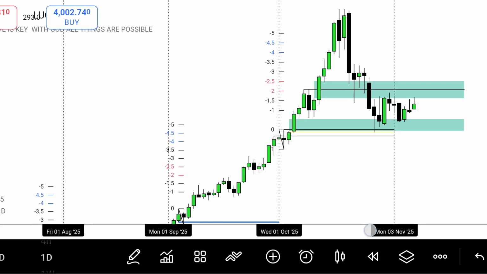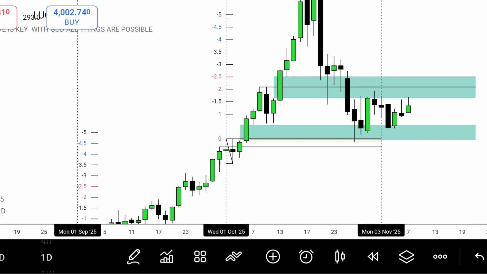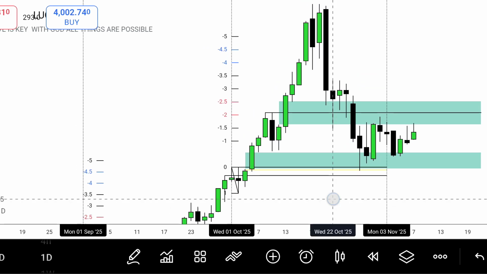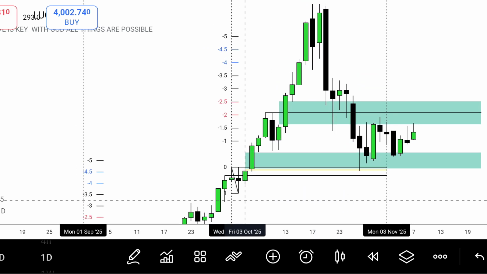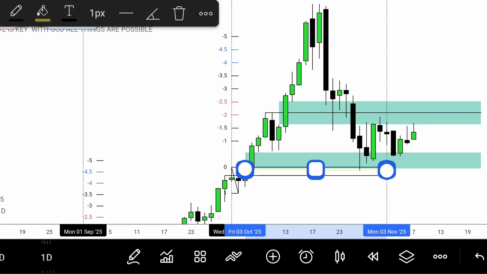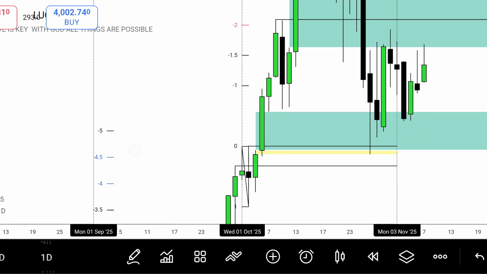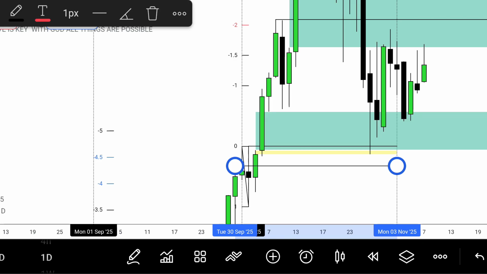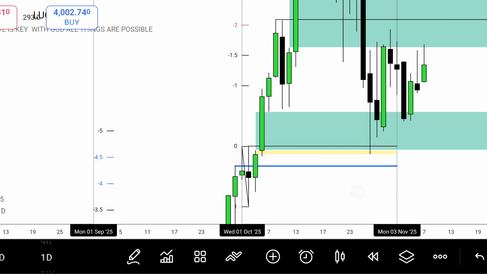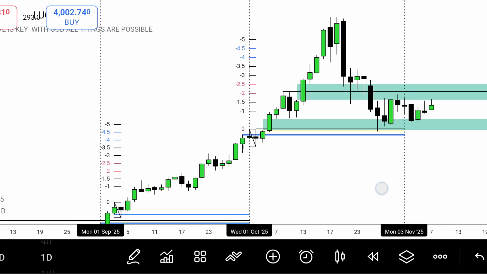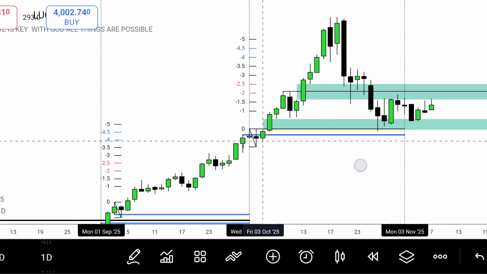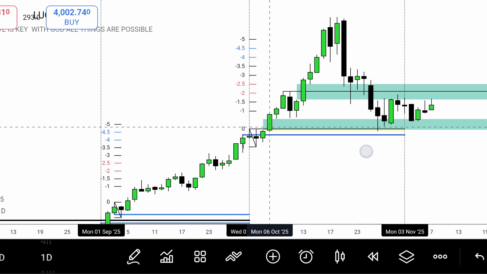Let me zoom in a bit. We use September high. Let me highlight September high in blue. We used September high as support on price, rejected it, and we saw a fair value gap form.